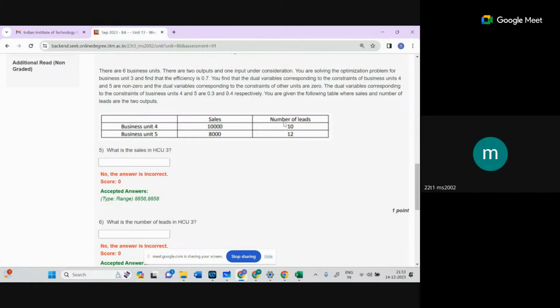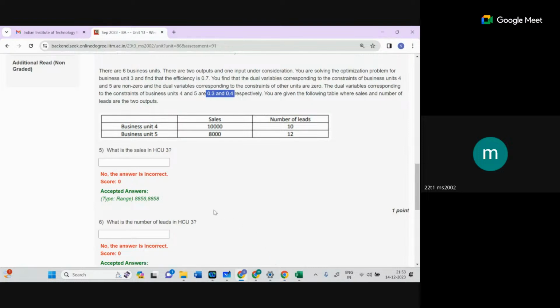Similarly, for the number of leads, directly multiply if it is adding up to 1. These two don't add up to 1, but imagine you have 0.6 and 0.4. They are adding up to 1. Directly multiply that with the relative outputs and get the value for the number of sales in HCU3 and so on.